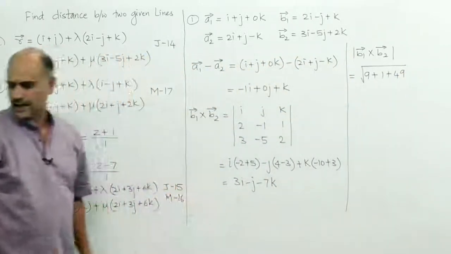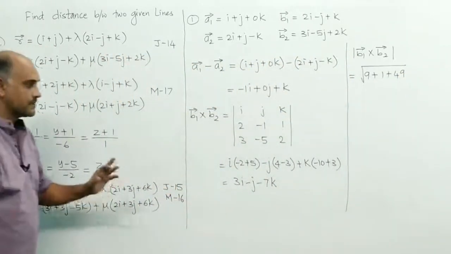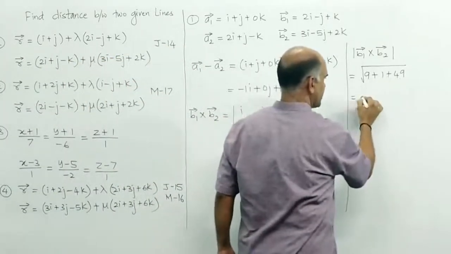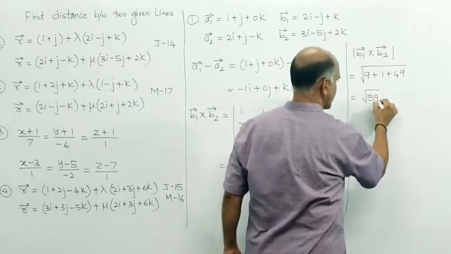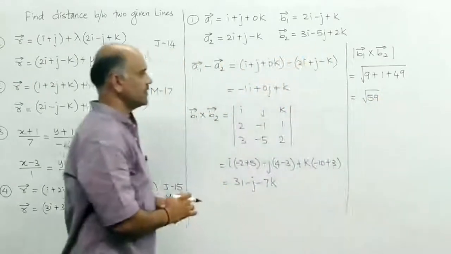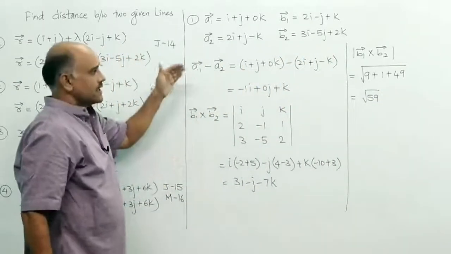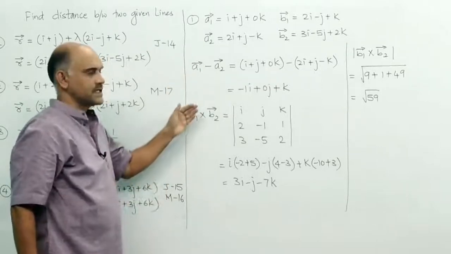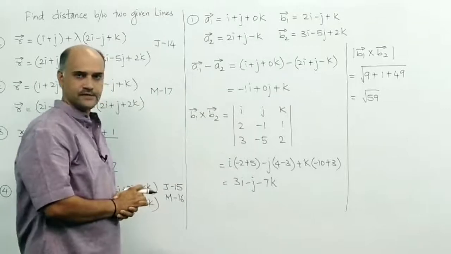So 9 plus 1 plus 49, that gives root of 59. Root of 59. Now you write the formula for shortest distance and substitute those values.